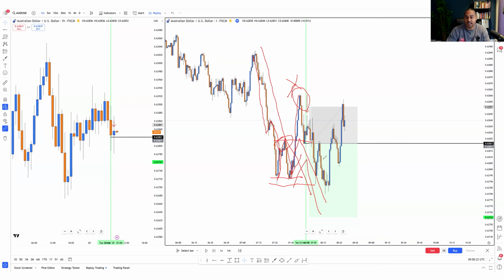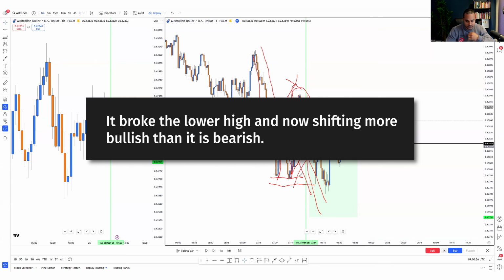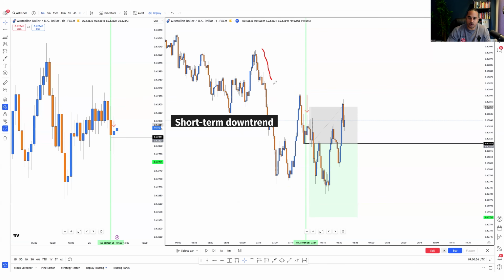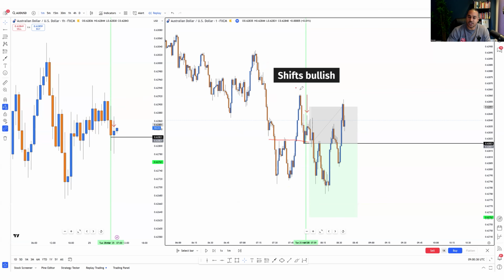We invalidated this trade idea by the fact that it broke the lower high and is now shifting more bullish than bearish. Keep that in mind. So we have an invalidation of this short-term downtrend, lower high formation that then shifts bullish and turns the pattern from a bearish pattern to a bullish pattern.